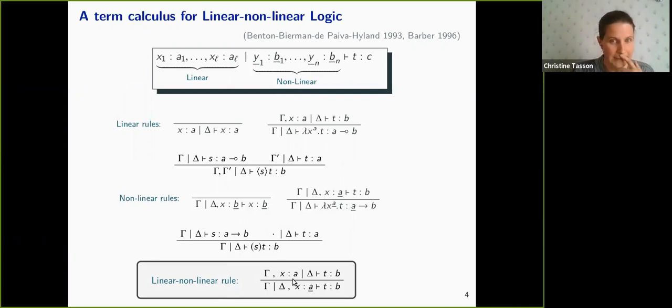It says that if you know that T is using X linearly only once, then you can feed it with a nonlinear variable X. You know that you will use one. If you have many copies of it, it won't hurt. And we will see that appearing in the semantics.